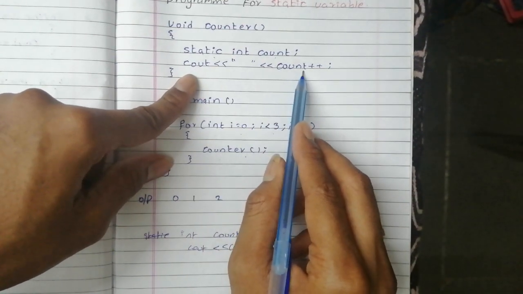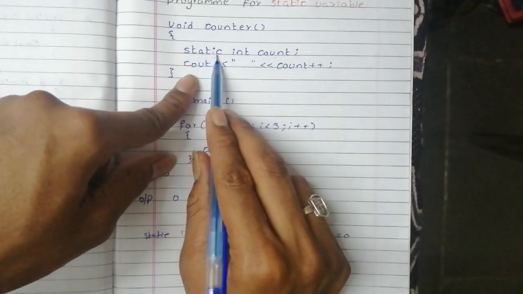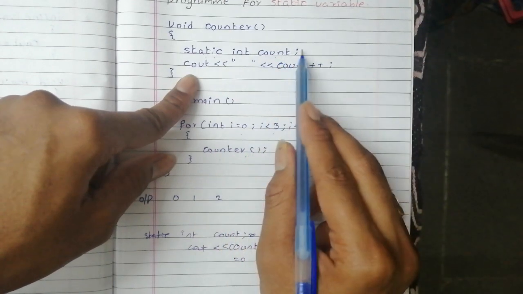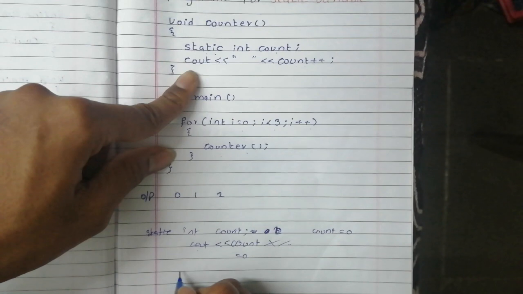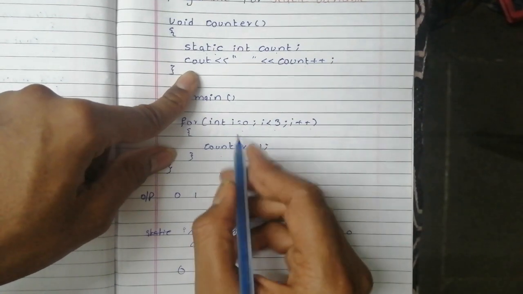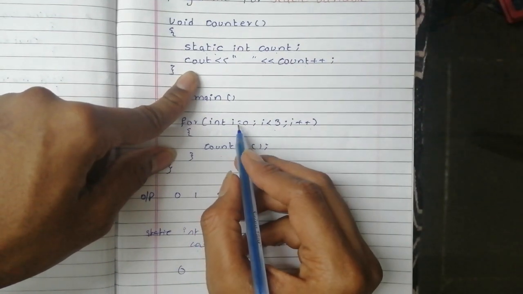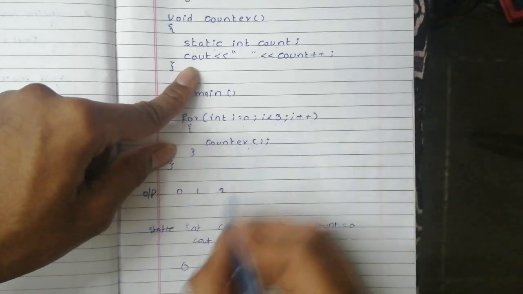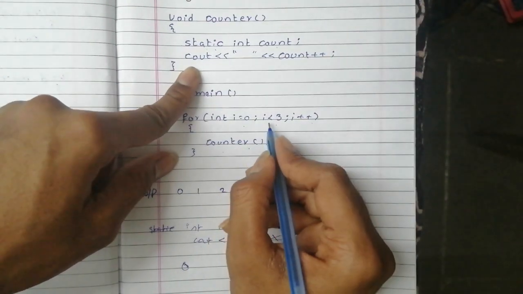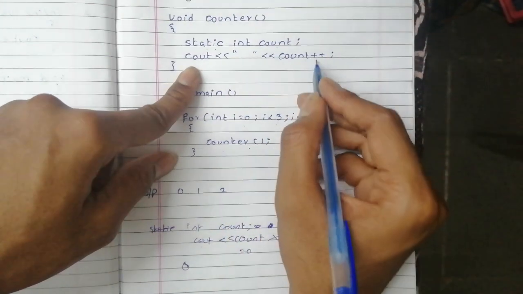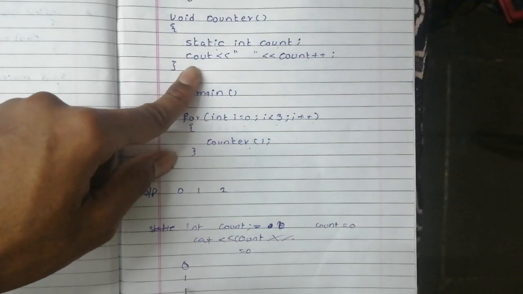What is the value of count right now? We declared static int count without assigning anything, so first it will be 0. Since it stores its value, on the next iteration with count plus plus it will be 1, and then 2.